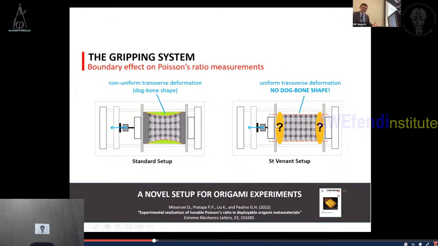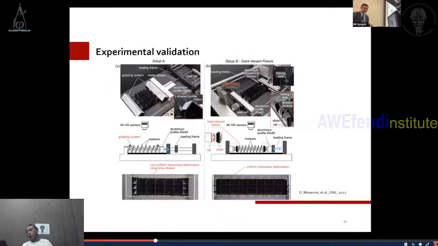And then the key idea is, can we redesign these fixtures so that we can eliminate or minimize this problem? And this is what we did in this paper last year in Experimental Mechanics Letters. The key idea is, instead of using these standard fixtures that you see here, we have a special railing system that has several components that allow us to minimize all the friction in the device, and also has some desirable features that will allow us to do these experiments.